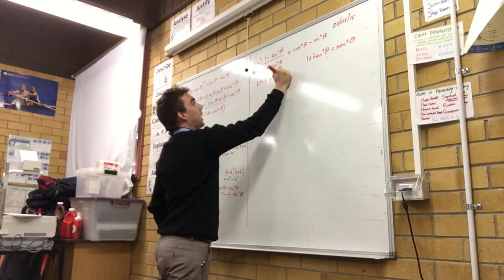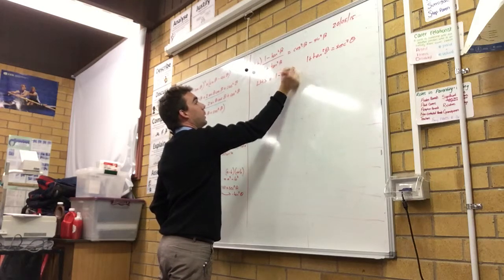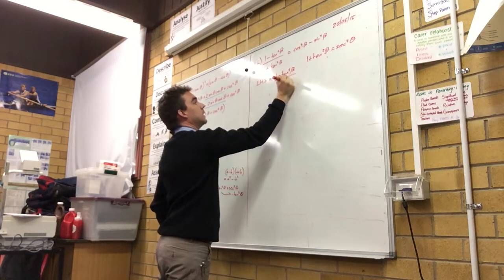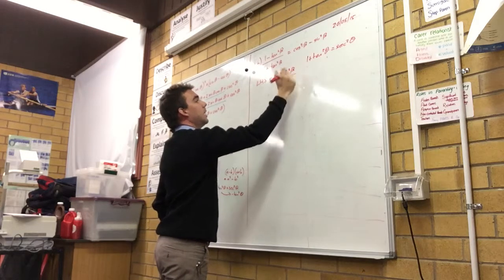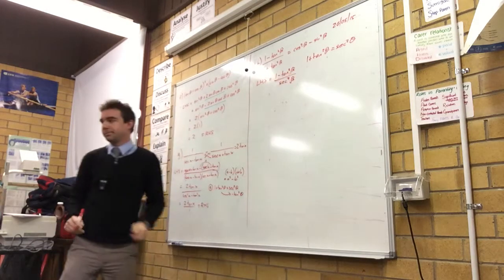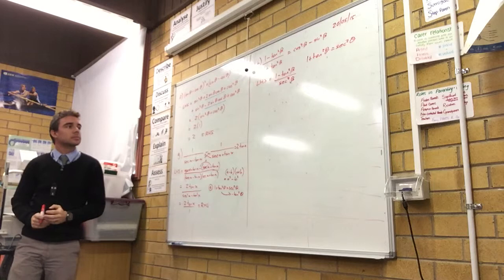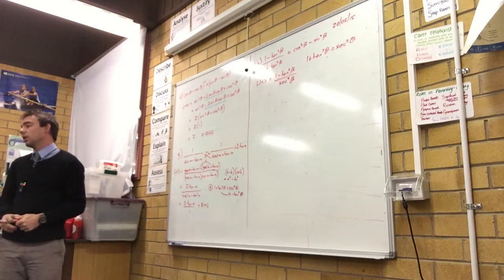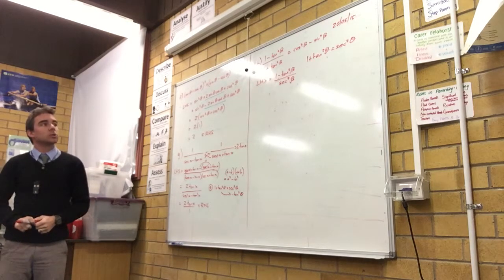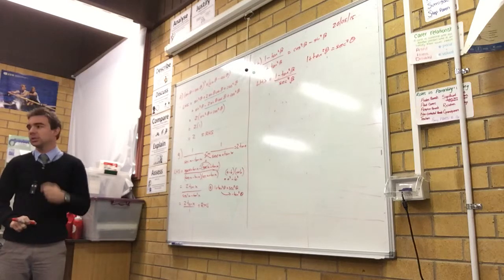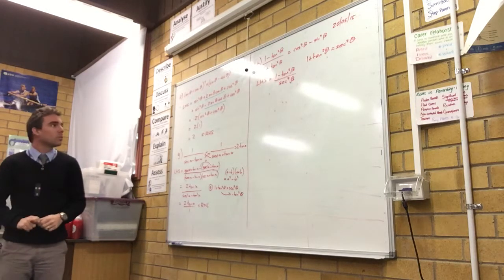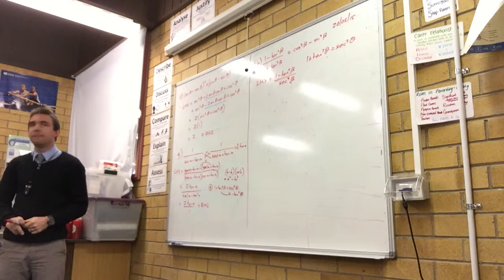So I've got 1 take away tan squared of beta over sec squared of beta. And basically I need to now show that is equal to cos squared of beta take away sine squared of beta.